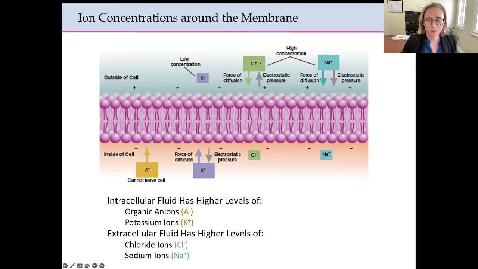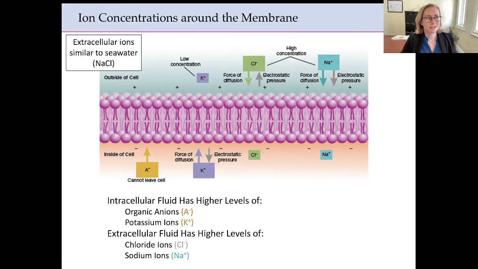I was just showing you that in the last slide. Chloride pretty much does not come inside the cell unless there's a transporter or a receptor that brings it inside. And then of course sodium. This is going to be one of the most important ones you need to remember: sodium, Na. Positively charged sodium mostly is going to be outside of the cell.